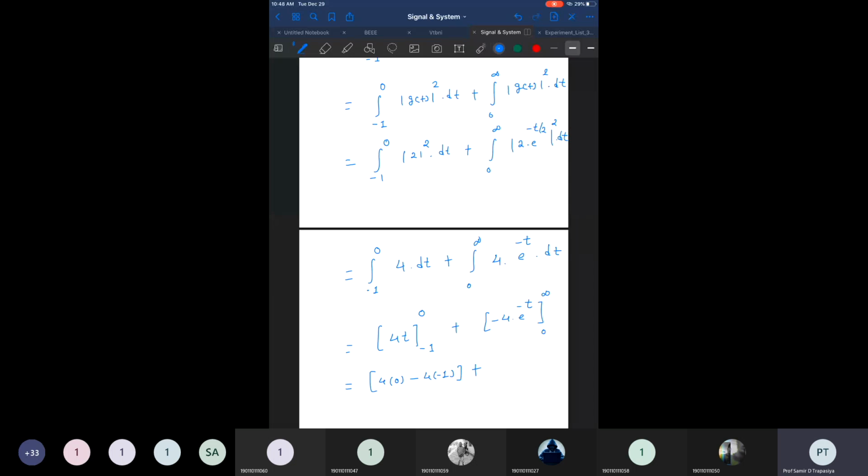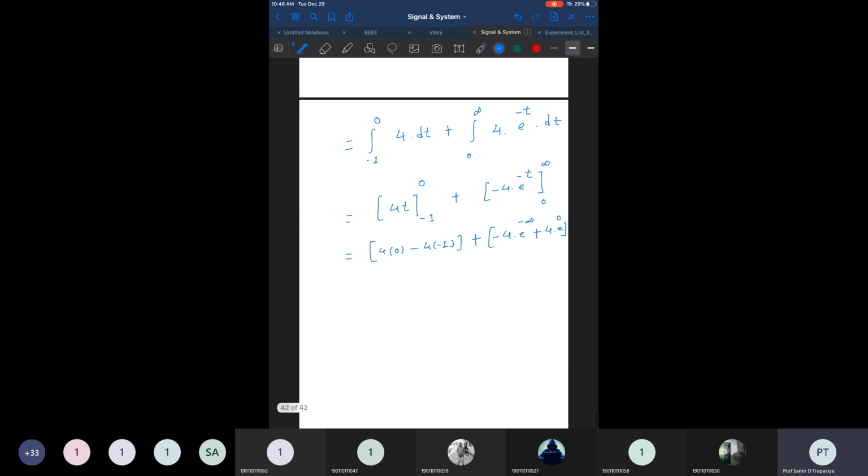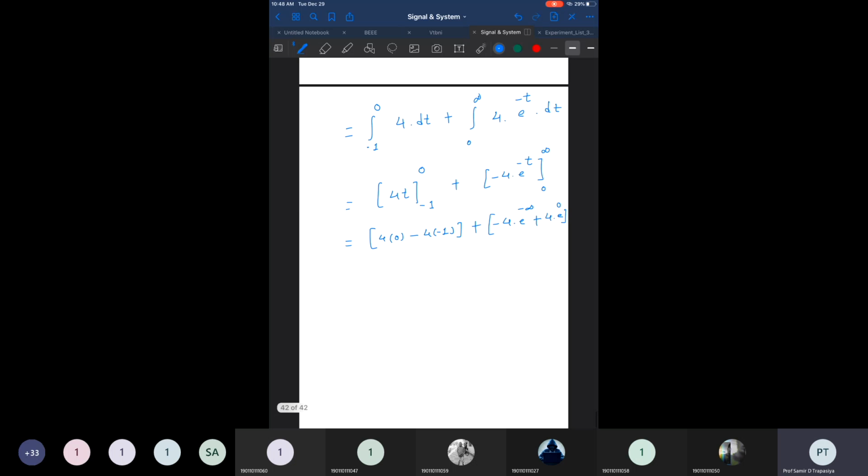For the second integration, we have minus 4 into e raised to minus infinity, minus minus, plus 4 into e raised to 0. If we solve this, the first part gives 0 plus 4, and for the second, e raised to minus infinity is 0, so that term is 0, but the other term is 4.